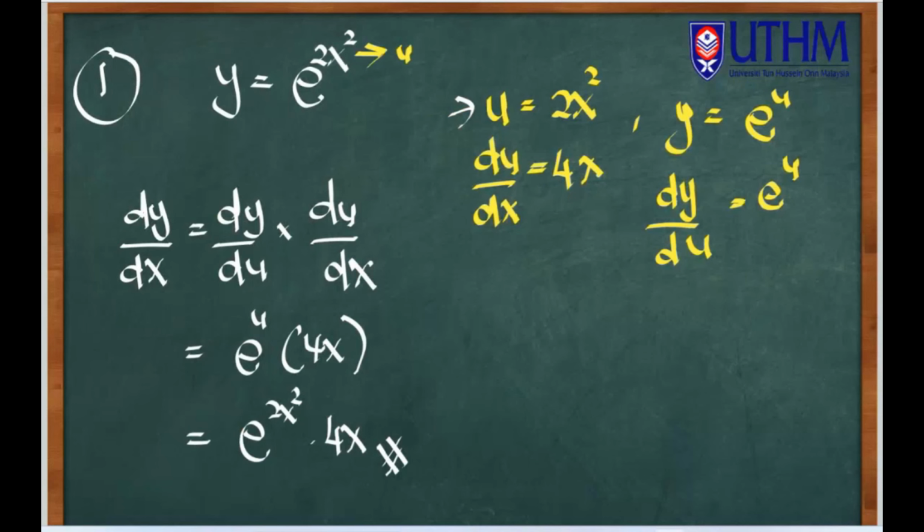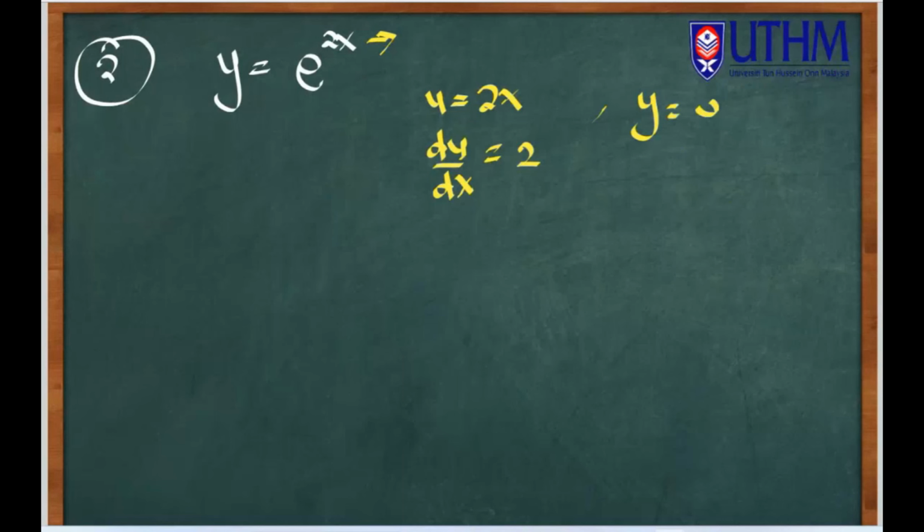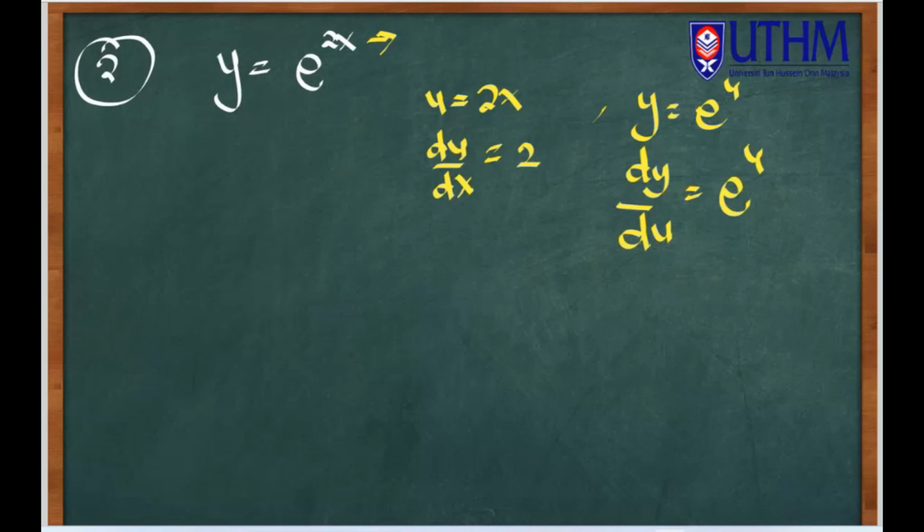Let's see the second example. For example, we have y equal to e^2x. Again, a very simple one. We assume the power 2x is equal to u. So now du/dx will become 2. Our y now becomes e^u, so dy/du, we will get e^u.